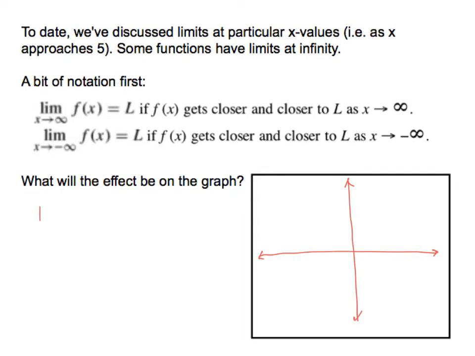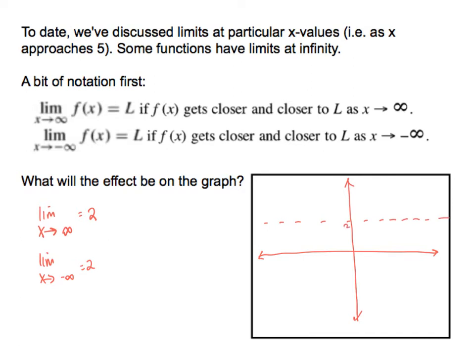So for example, if I have the limit as x approaches infinity equaling 2, as well as the limit as x approaches negative infinity equaling 2, that implies that I must have a horizontal asymptote at 2.